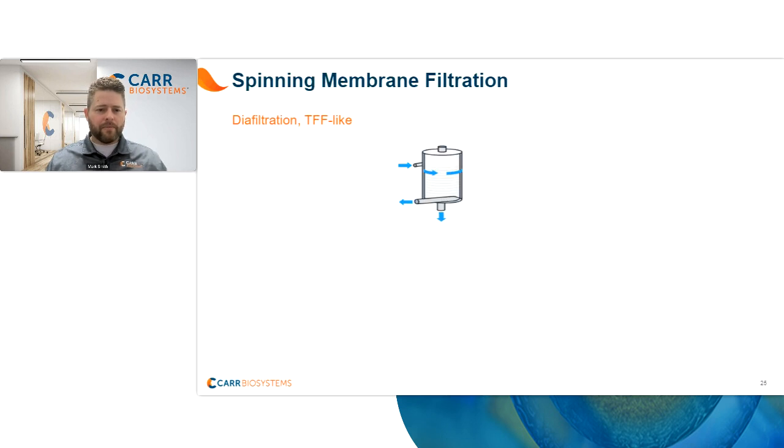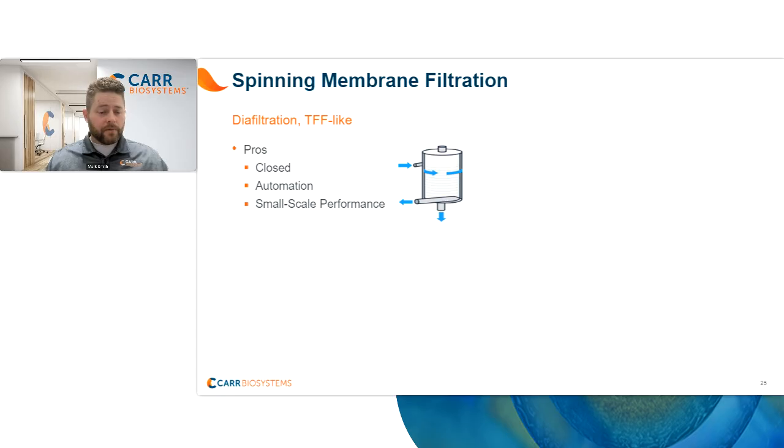Next up, spinning membrane filtration. I think many of us are probably familiar with this, but if not, this is a diafiltration TFF-like membrane, which utilizes a spinning membrane to create that reduced shear effect across the membrane to not have dead-end filtration. And so this has some great pros. This is typically a closed system, can be highly automated, and gives good small-scale performance.